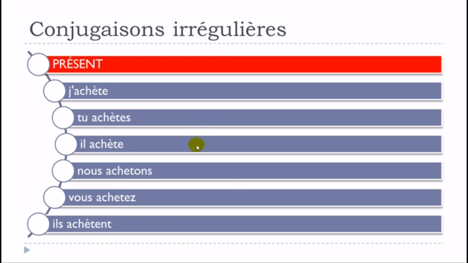And so you can see that the only modification we will have to do will be to put an accent grave on the top of this E here, okay, and it will concern only je, tu, il, and then ils at the plural form.